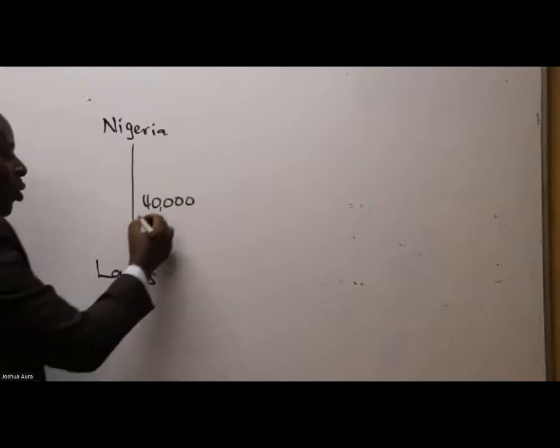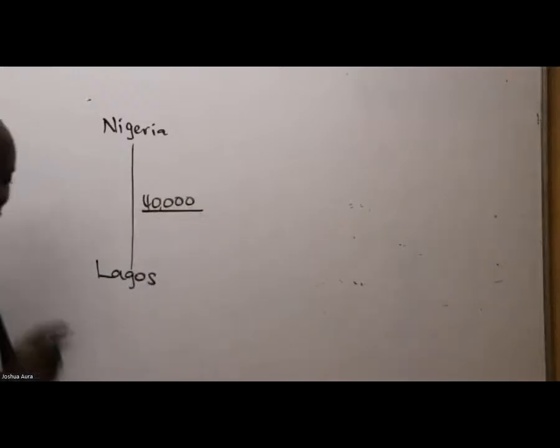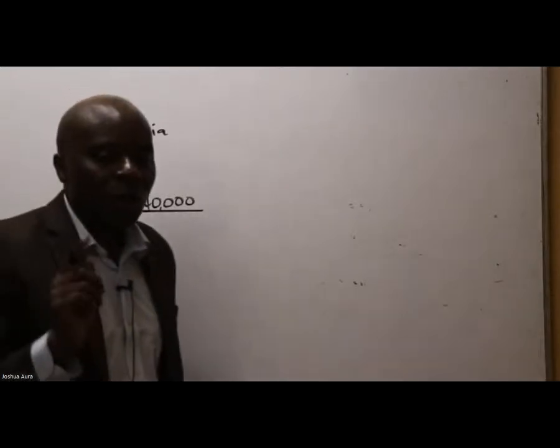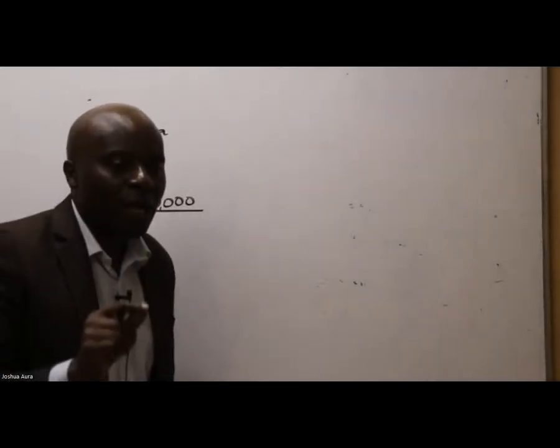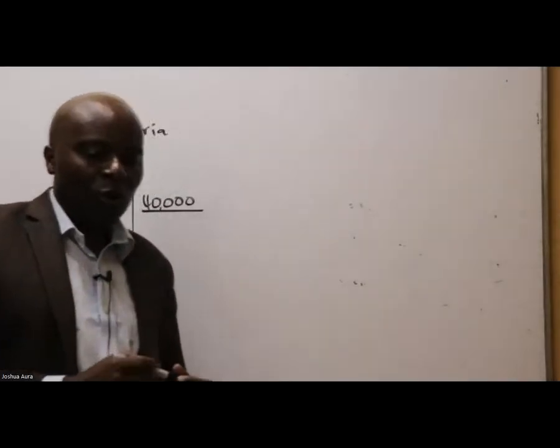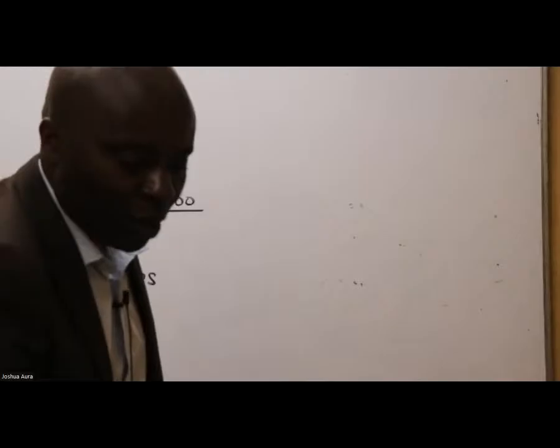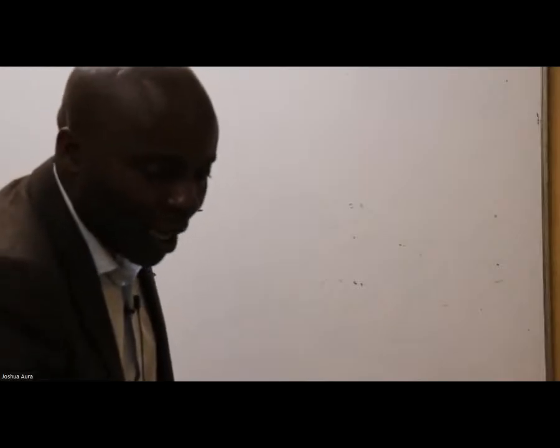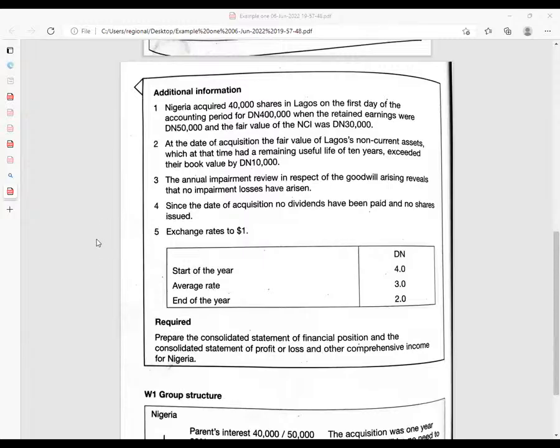I'm interested in knowing the percentage of this investment. We bought 40,000 shares of BBGH. So how many shares does BBGH have in full? Please go to the statement of financial position of BBGH and read the number of shares that BBGH has in full.